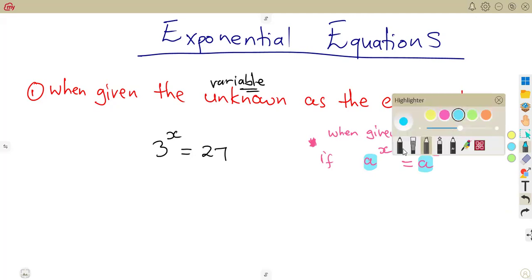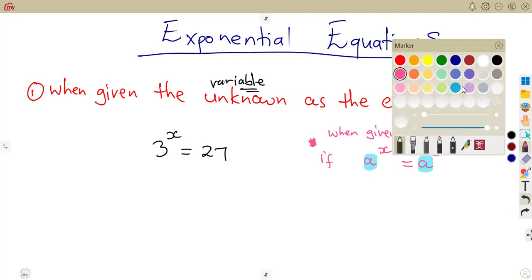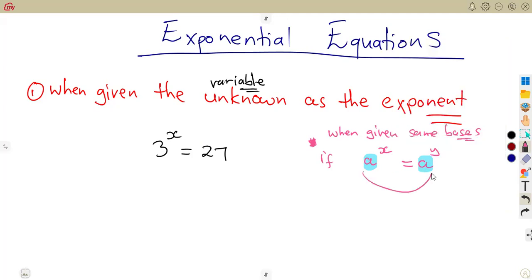There is no way in our mathematics that these two can just be the same like this. It means that automatically these exponents will be equal. So therefore, it means x must be equal to y. So this is our statement. Once you see the bases being equal, it means the exponents are also equal.